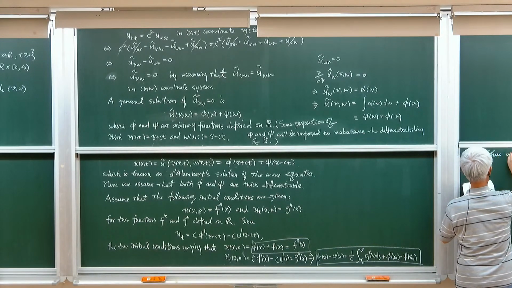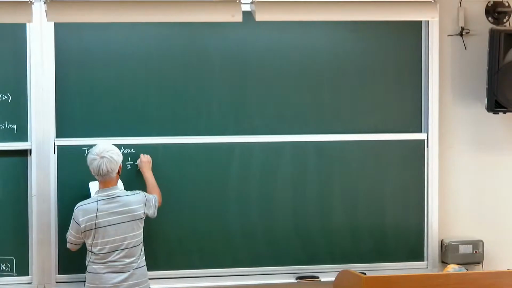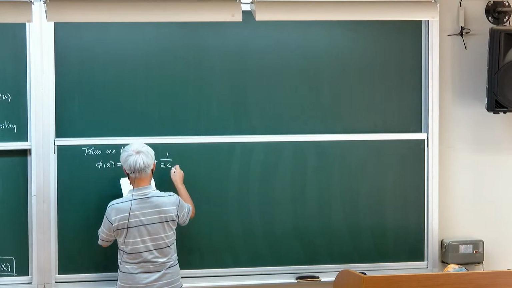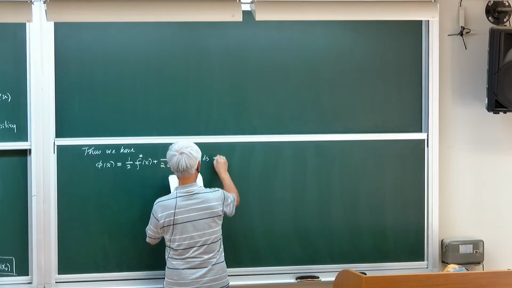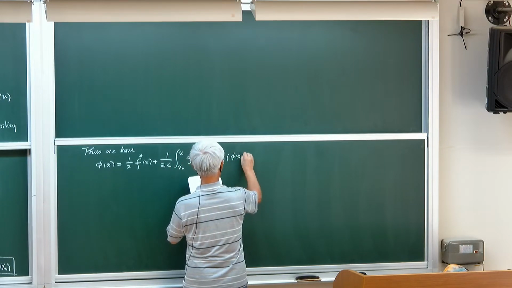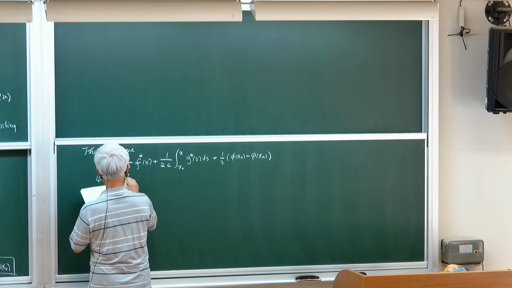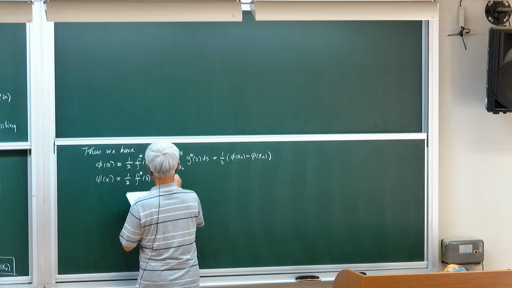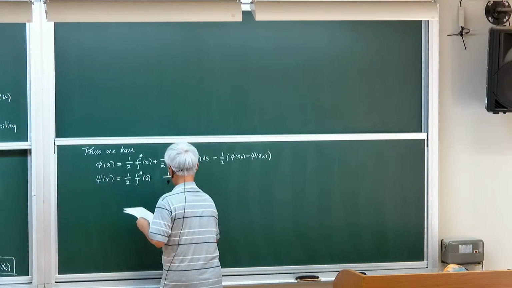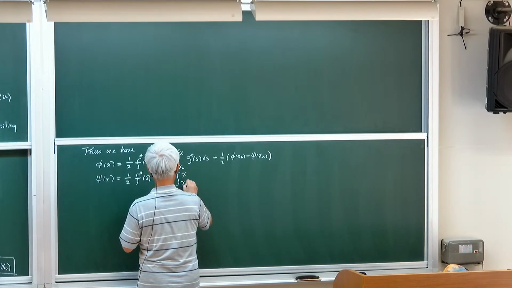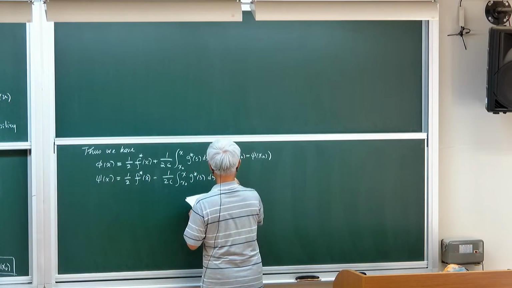All right, so that's the phi, okay, is 1/2 of f star x plus 1 divided by 2c, x0 to x g star s ds plus 1/2 of phi x0 minus c of x0, okay, and c of x is equal to half of f star of x plus 1 over minus 2c minus half.